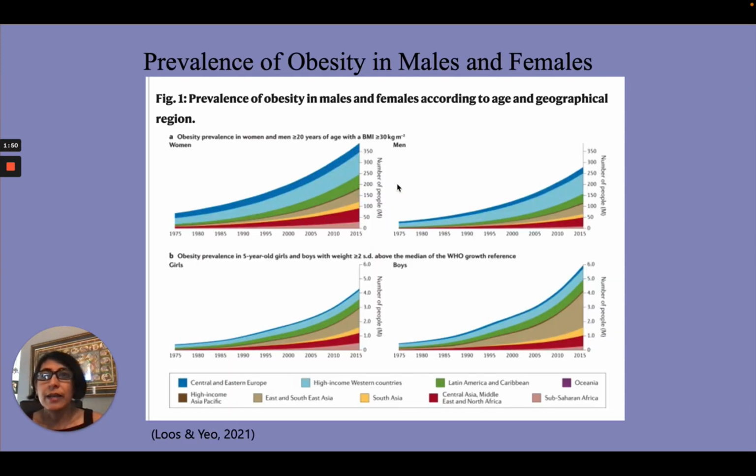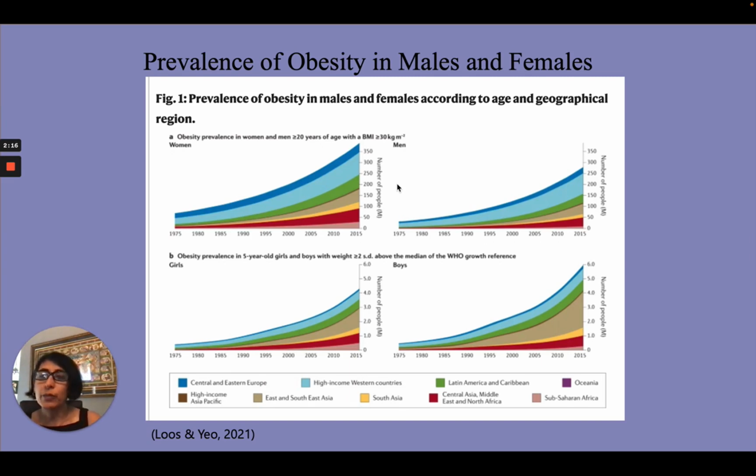So looking at this chart, the prevalence of obesity in males and females according to their age and geographical region, this is a great chart that has a lot of information on it, showing us the trends that we have been experiencing from 1975 to 2015.